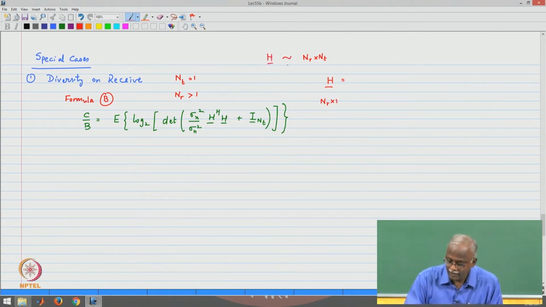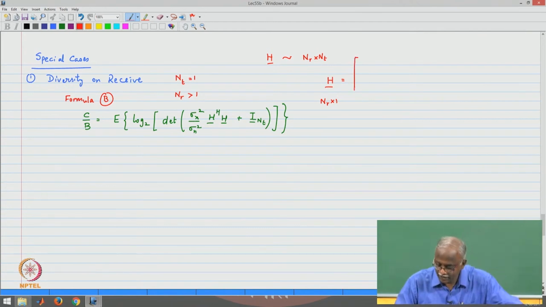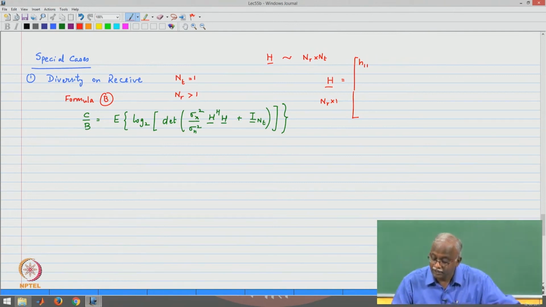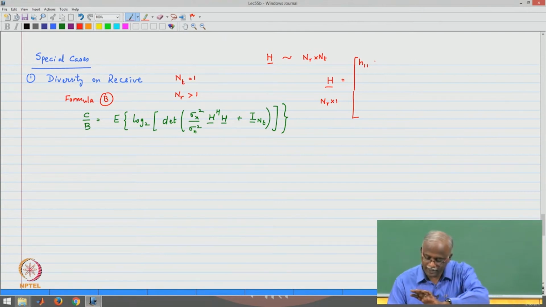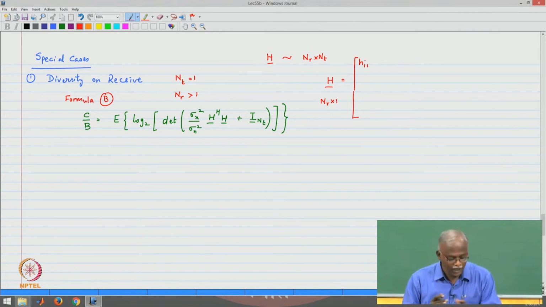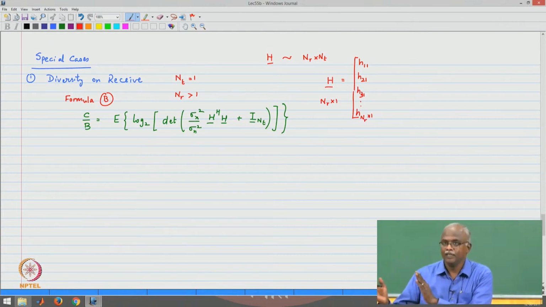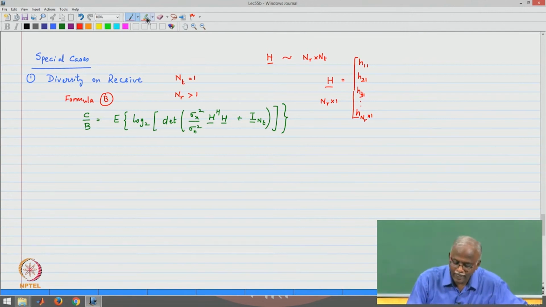So, in the general case H has NR cross NT, and in this particular case there is only one transmit antenna and NR receive antennas, and the expression would be H11, H21, H31 all the way to H NR 1.